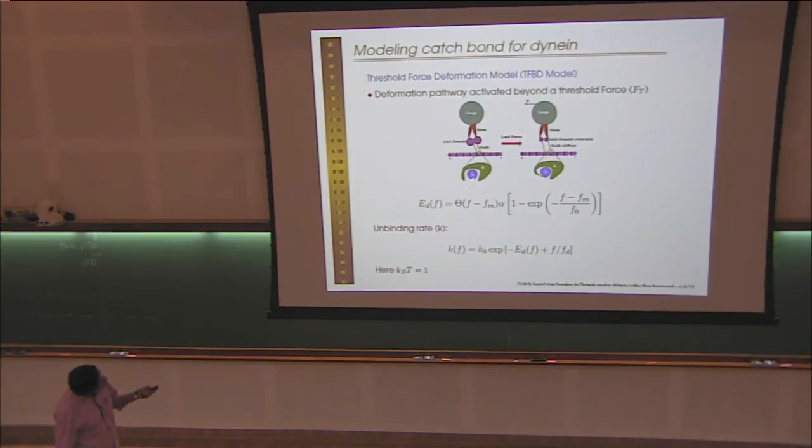This is just a blow up of what happens at the binding site on the filament, and one can think of some kind of lock and key mechanism: once you increase the tension to some critical value of the force, this Catchbonding effect sets in. We just say that there is some threshold force beyond which this Catchbonding effect happens for Dynein, and so we can represent the bond deformation energy by a Heaviside theta function, which sets in at some critical force Fm, and beyond that it has this form, and the overall unbinding rate takes this form.